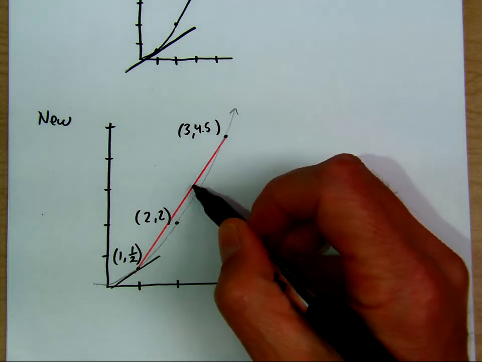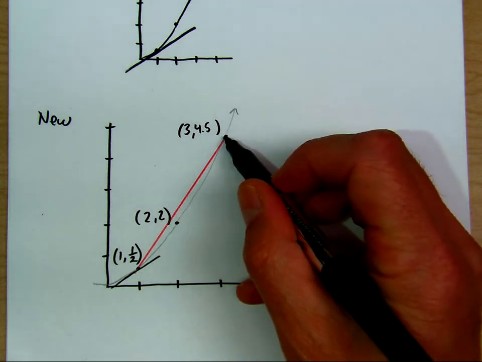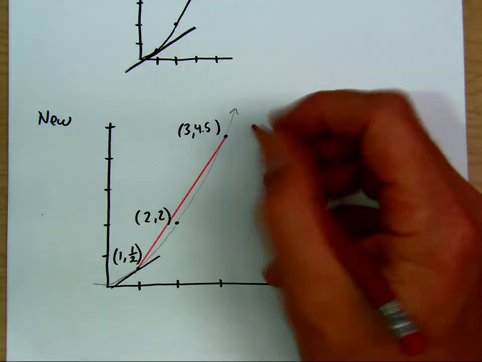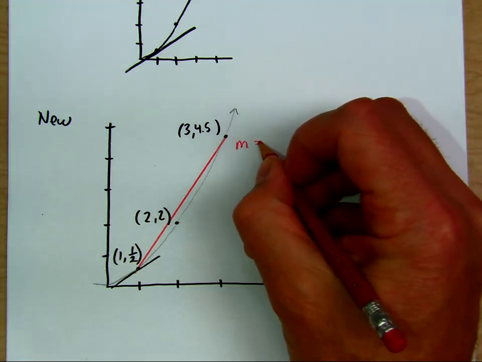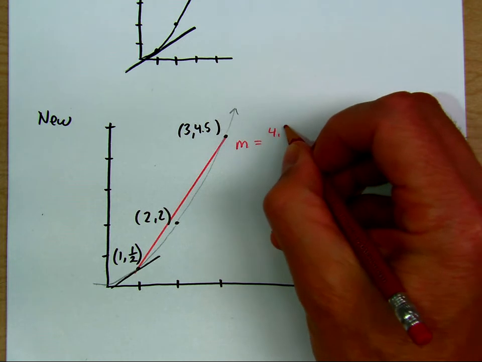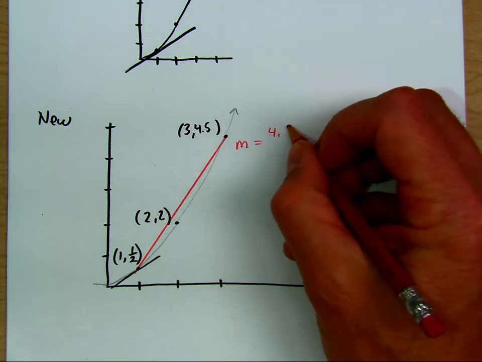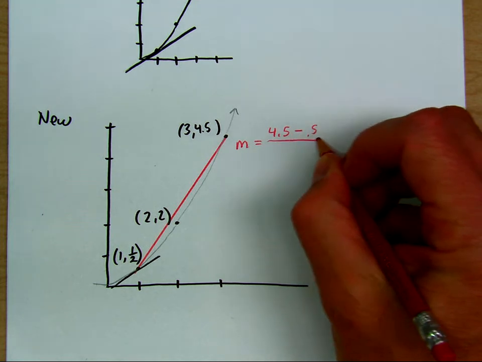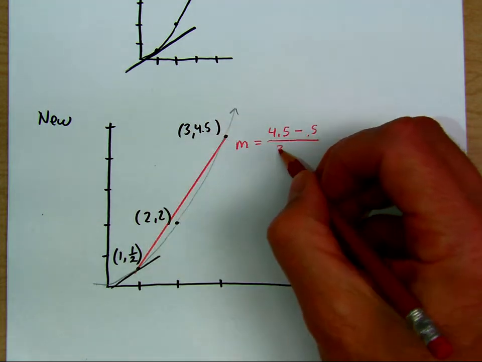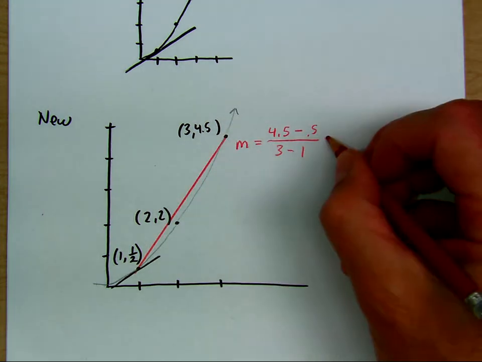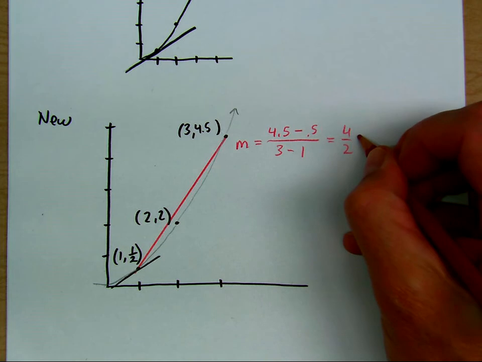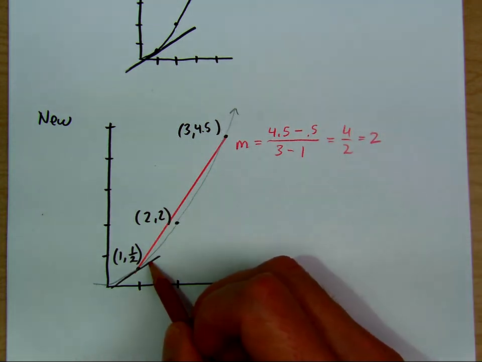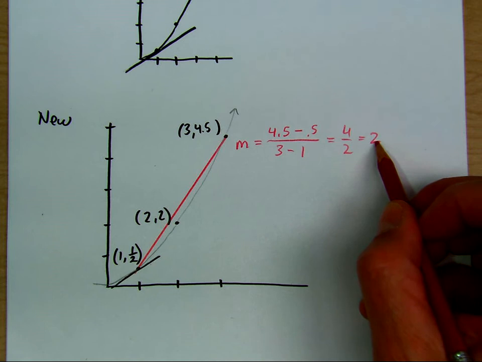And we can find the slope of the red line because we have 2 points. So the slope of the red line, and that's called a secant line, is (3 minus 1). So we'll say the slope of the black line is close to 2.